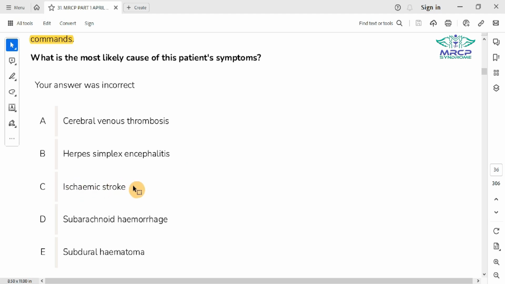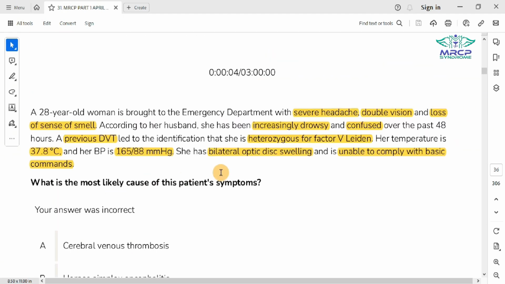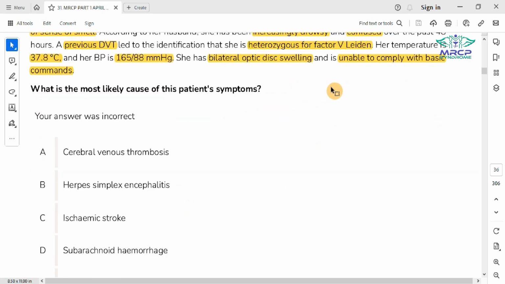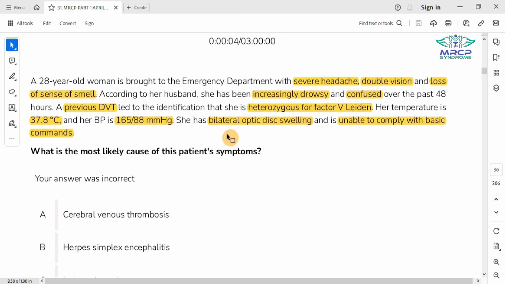Ischemic stroke, they will come up with sudden deterioration with focal neurological deficit. Here there is a gradual worsening of the symptoms with headache and papilloedema. So this is more suggestive of venous thrombosis, especially presenting with papilloedema, as well as the factor V Leiden heterozygosity.